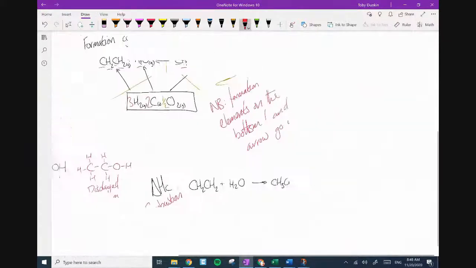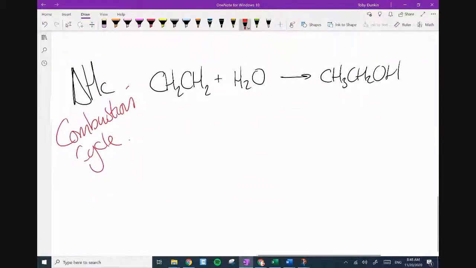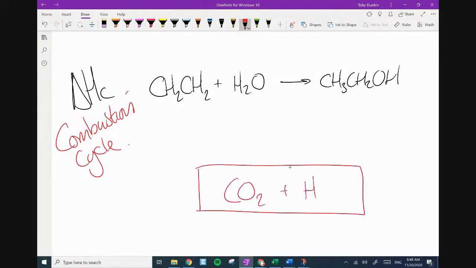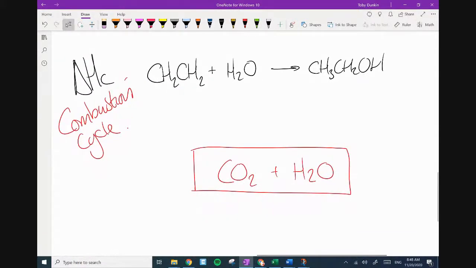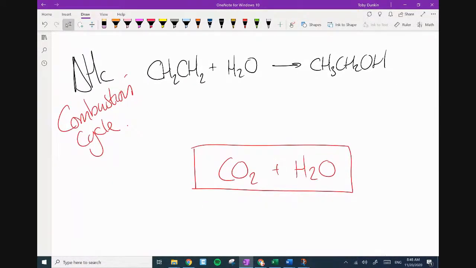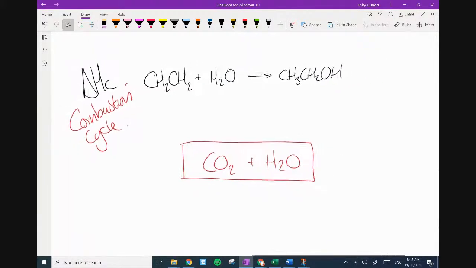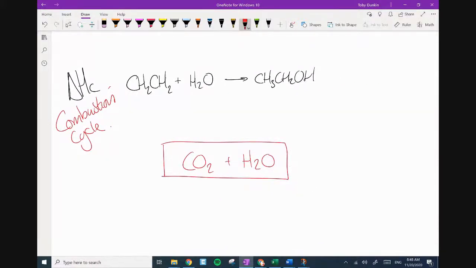And the great thing is combustion cycles, like formations, have a lovely rule, which is on the bottom goes CO2 and water only. These are the things that we can make in burning. By the way, if there's something else like sulfur, you get SO2, just so you know. That's a nota bene, really: in combustions, if sulfur is in something, you will make SO2.